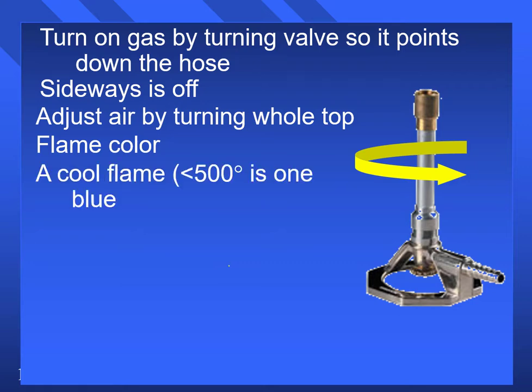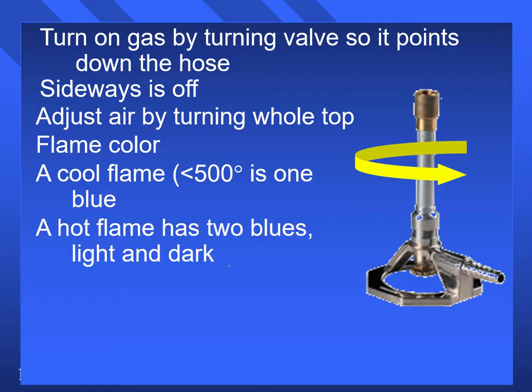A cool flame, less than 500, is one that's blue. A hot flame has two blues, one light, one dark, and the tip of that light inner blue is hot enough to melt glass. So it gets hot. This is not run your finger through it like a candle on a birthday cake. Because then you just make an ash of yourself.